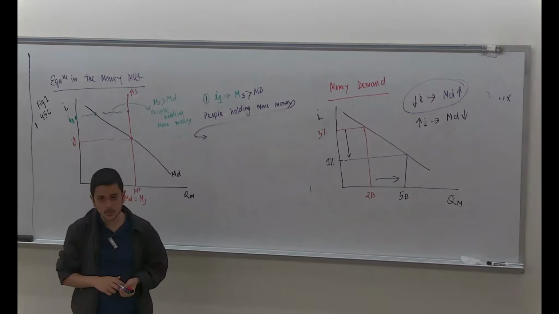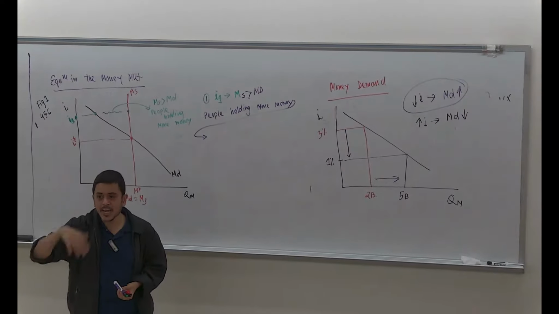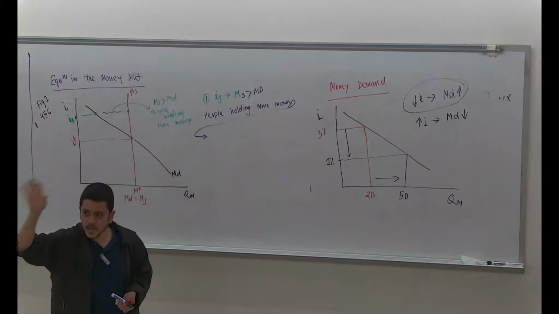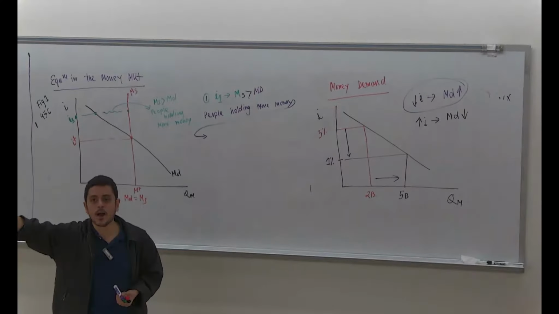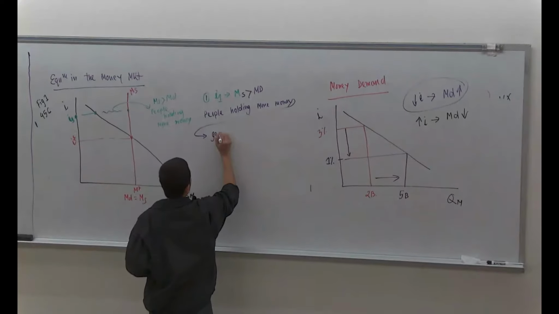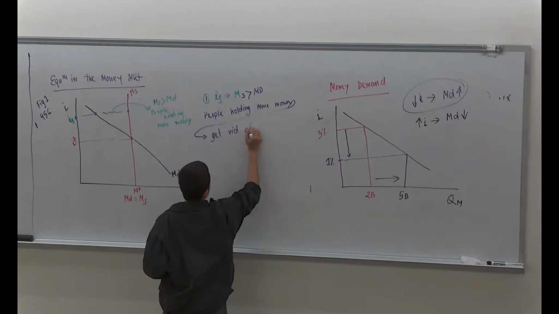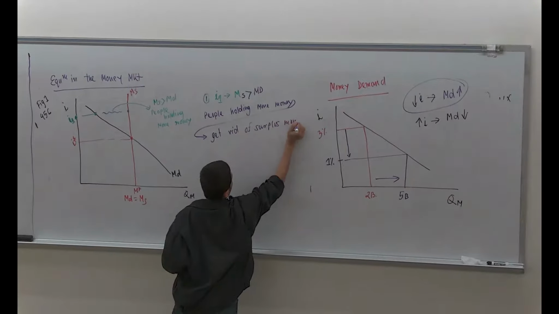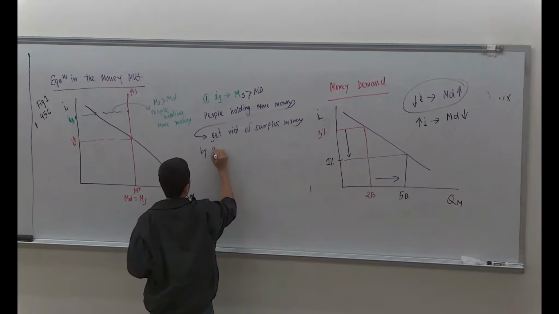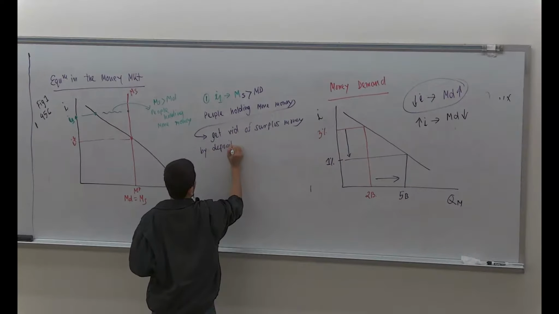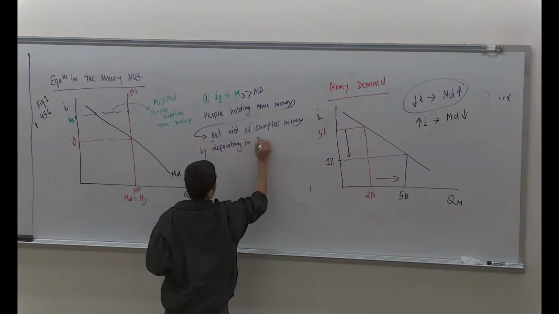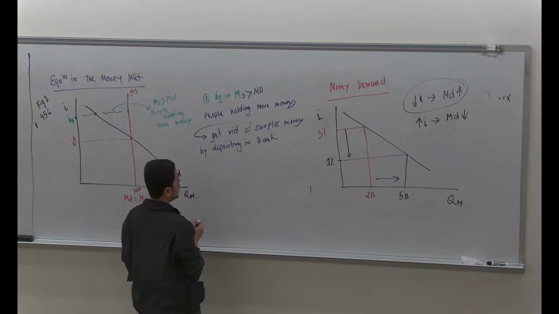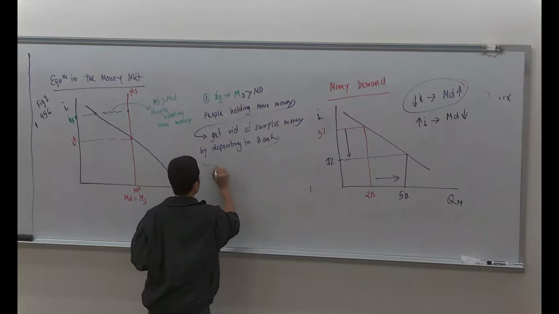You have surplus money you don't need, and you want to get rid of it. How? Maybe you go to the bank and deposit it, or maybe you buy a bond.